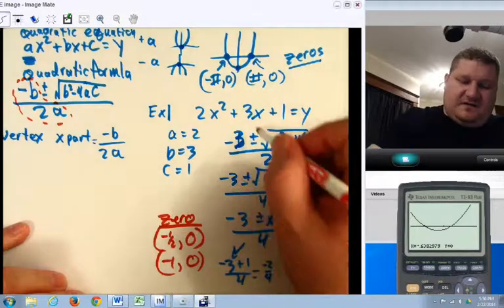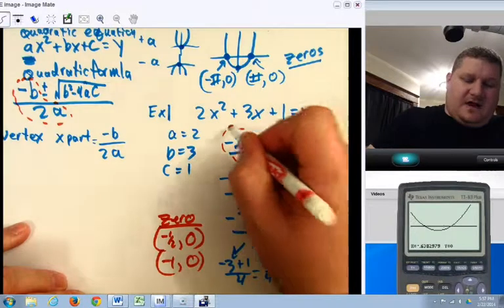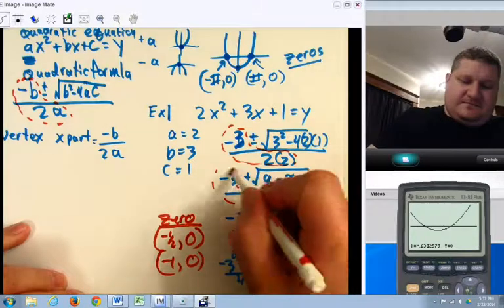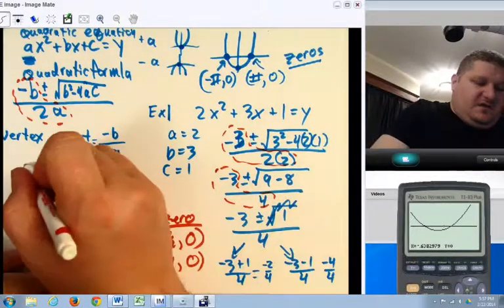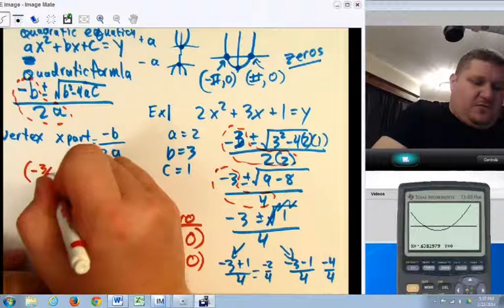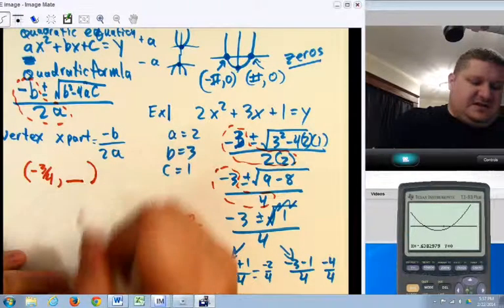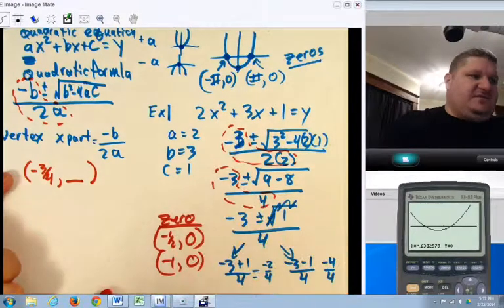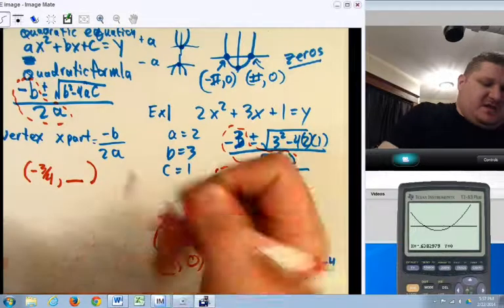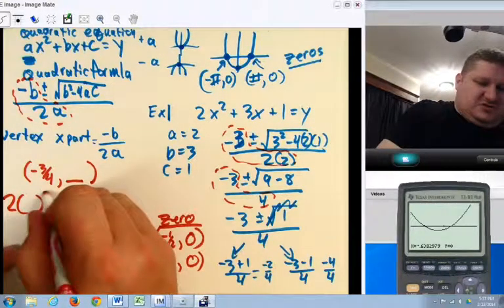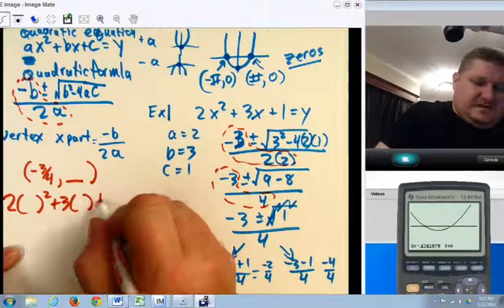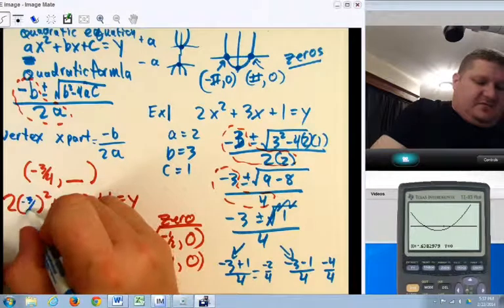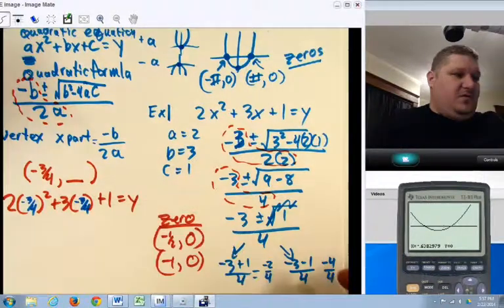So in our case, opposite of b over 2a, which in this case is negative 3/4. So I can already tell negative 3/4, comma something is our vertex. Well, if I know the x part and I know an equation, all I have to do is combine the two. So 2 something squared plus 3 something plus 1 equals y. In this case, I plug in negative 3/4 for x. Okay, let's do a little math.